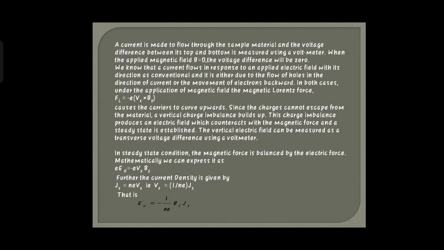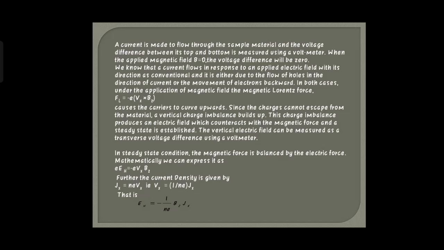The vertical electric field can be measured as a transverse voltage difference using a voltmeter. Along with the Lorentz force, there is another force which occurs in the circuit, that is the electric force, which is given by e into EH. EH is the Hall electric field.